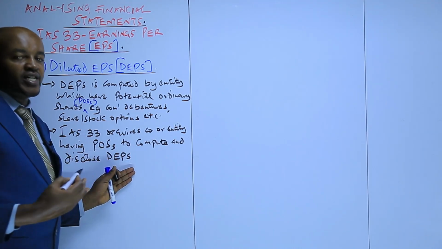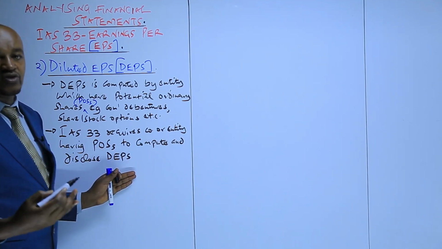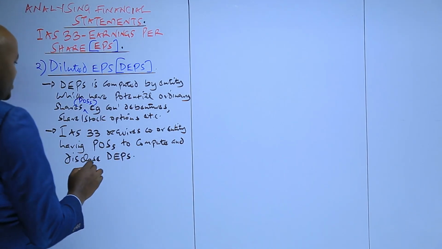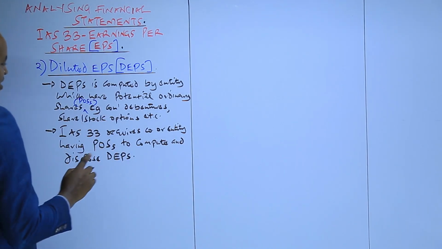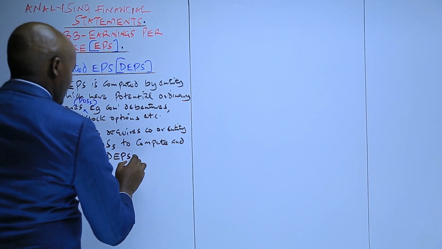This diluted earnings per share must be disclosed as part of the notes to the financial statements. So any company having POS is required to compute and disclose what we refer to as the diluted earnings per share. Why?